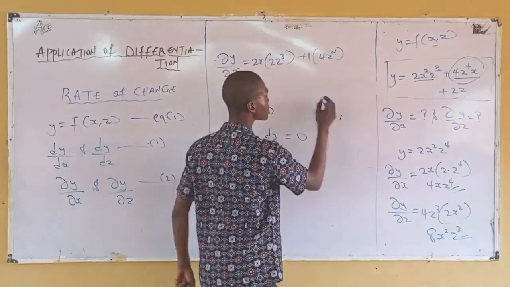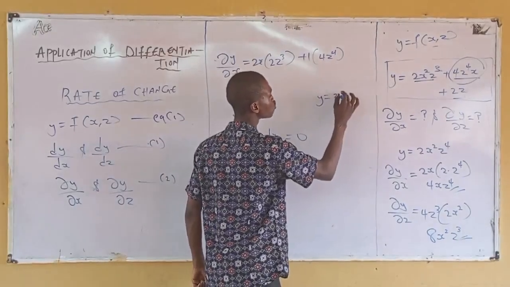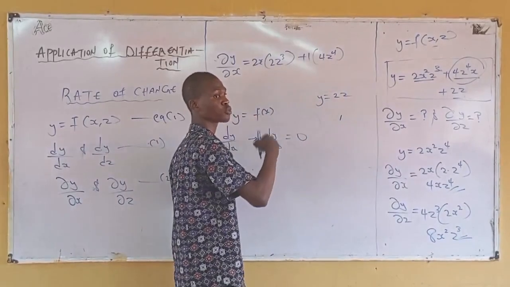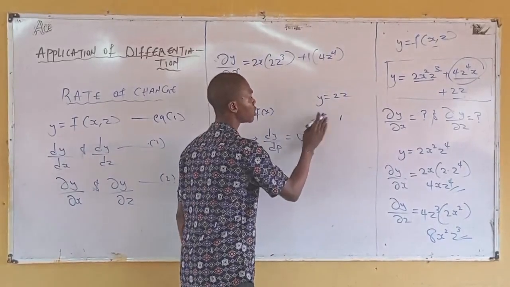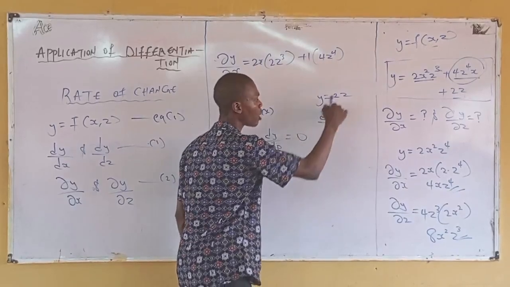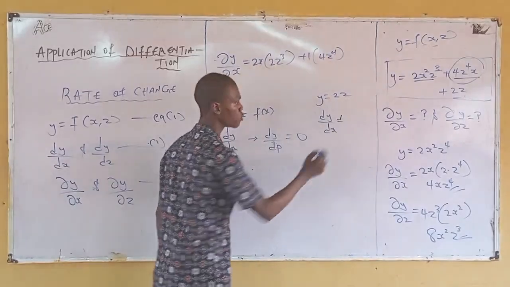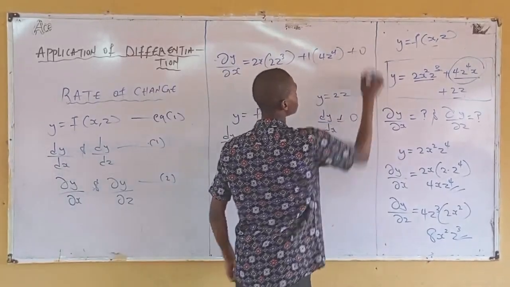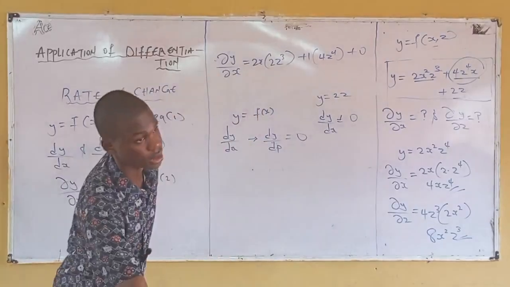Meaning that you can just see that y is equals to 2z. As you are differentiating with respect to x, your interest should be x. Indirectly, you are looking for dy over dx, and dy over dx will be 0 here. So that's what they did. So from here, you have plus 0. Any question on that?